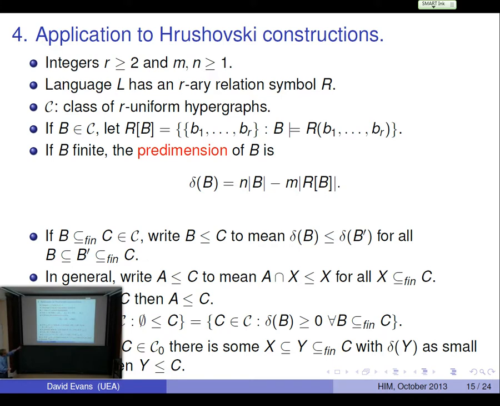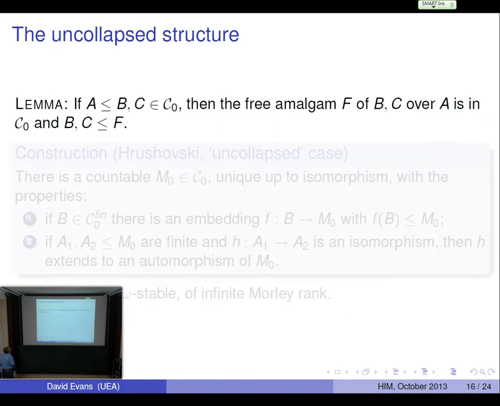Okay, and all these delta Y are bounded below by 0. So once you've got a Y with that property, you can see that Y is going to be strong in C. Because if you take something bigger than it, it still contains X, and therefore it can't have delta values smaller than Y.